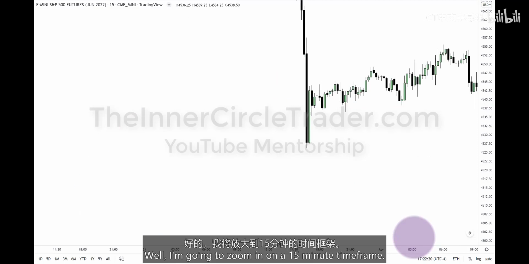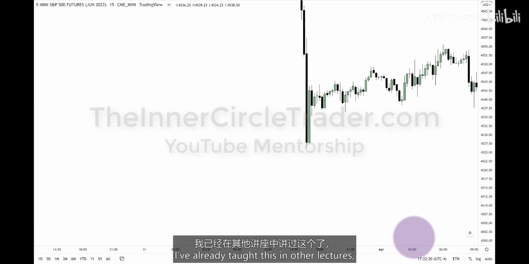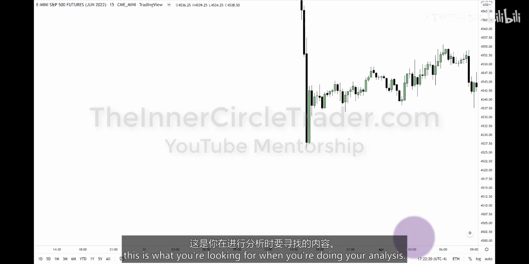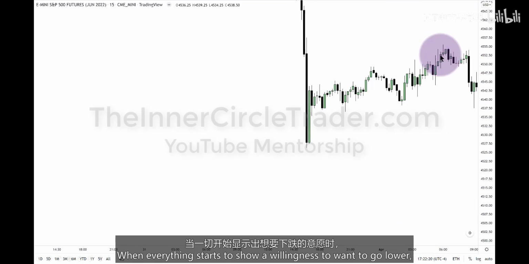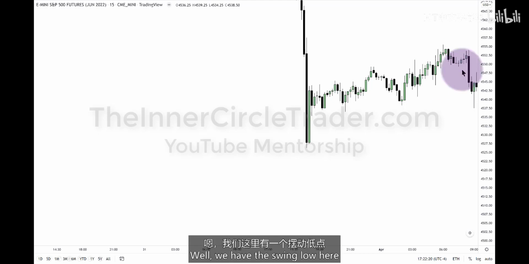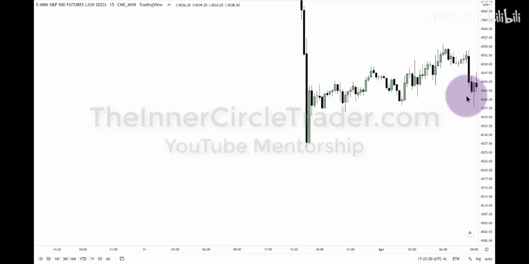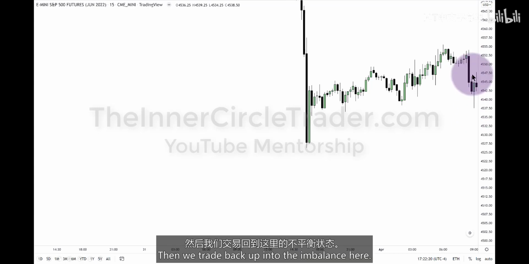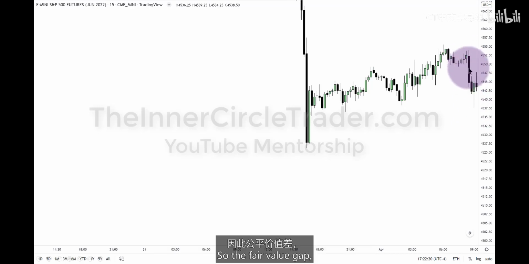Well, I'm going to zoom in on a 15-minute time frame. I've already taught this in other lectures, but I want to revisit it here because this is what you're looking for when you're doing your analysis. When everything starts to show a willingness to want to go lower, how do we know it's going to go lower? Well, we have the swing low here, decisively broken. See that? This low, broken hard. Then we trade back up into the imbalance here, the fair value gap.